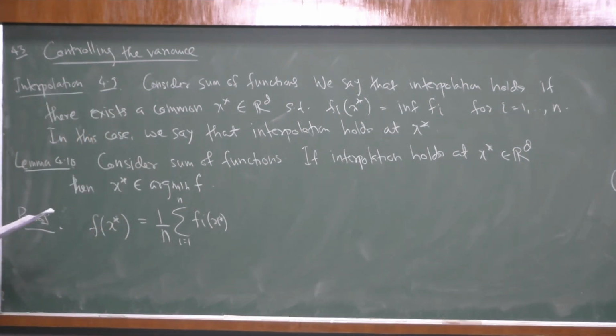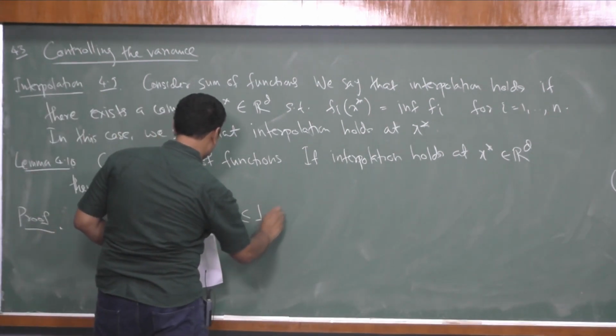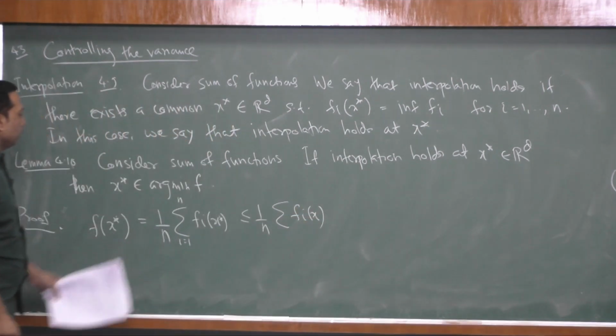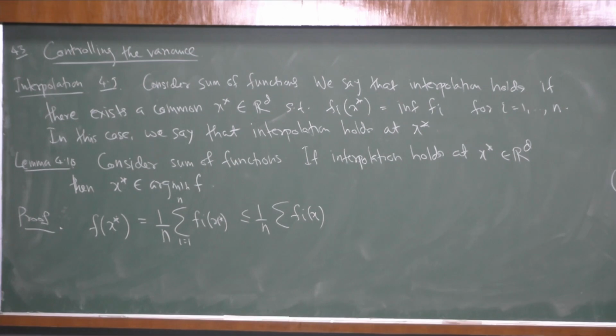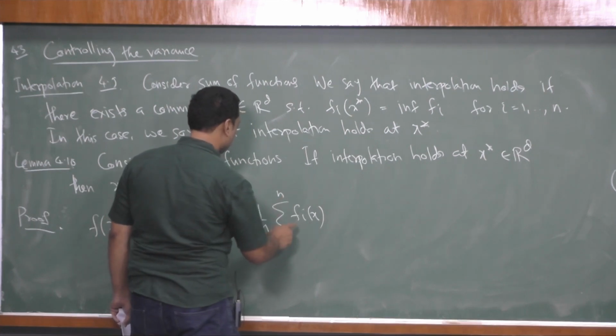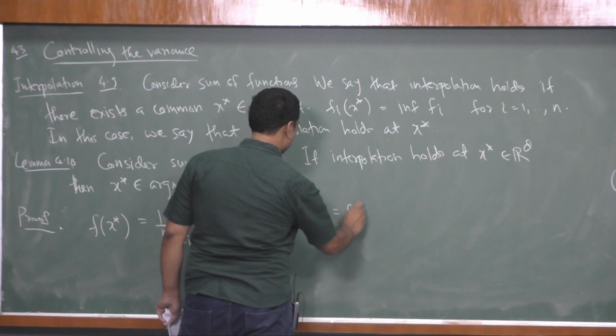And this is equal to the infimum of F_i, obviously, and then this is less than or equal to the value at any x. So I can write directly 1 by n, sum of F_i(x) for any x, i equals 1 to n. If I put any random x, then it will increase the F_i values. And this is F(x).